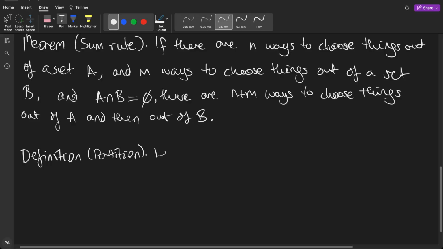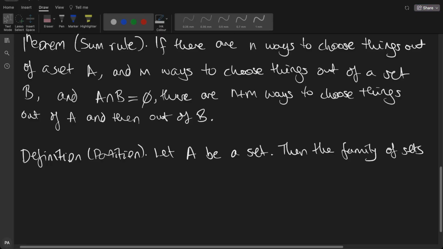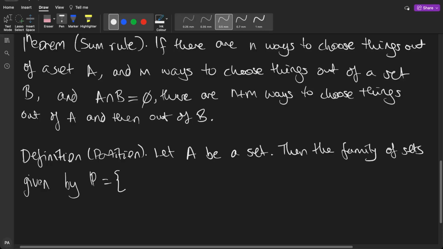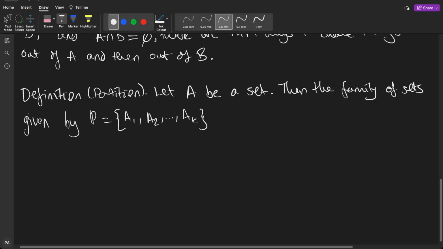of partition. We're going to let A be a set, then the family of sets given by the following, and we're going to assume that it's finite, so you have k of these, is a partition if, and then we need the following to hold.